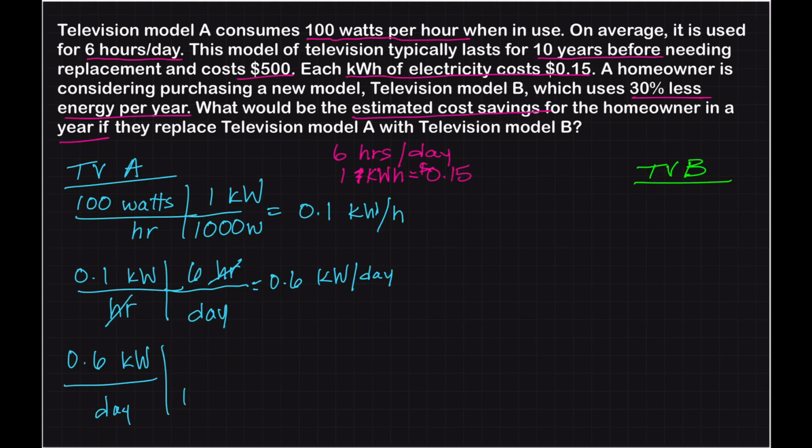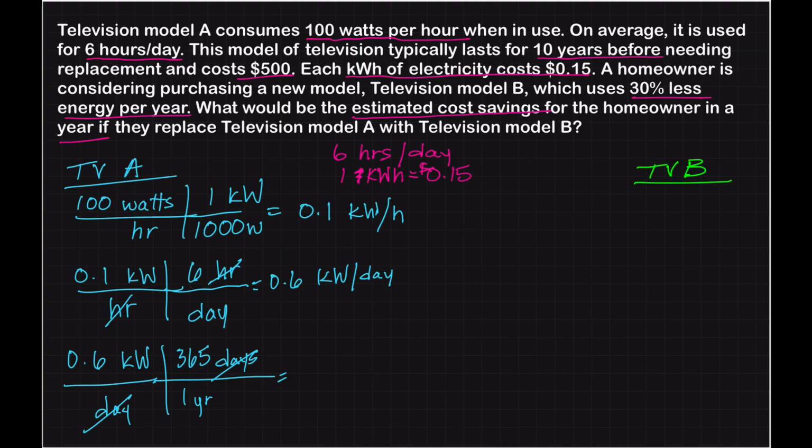And then 1 year has 365 days. It helps because if you write it like this, then you know where to cross out your units. It just helps me keep things straight. If I put it upside down, I'd be like, oh, my days aren't going to cross off, I must have done that wrong.